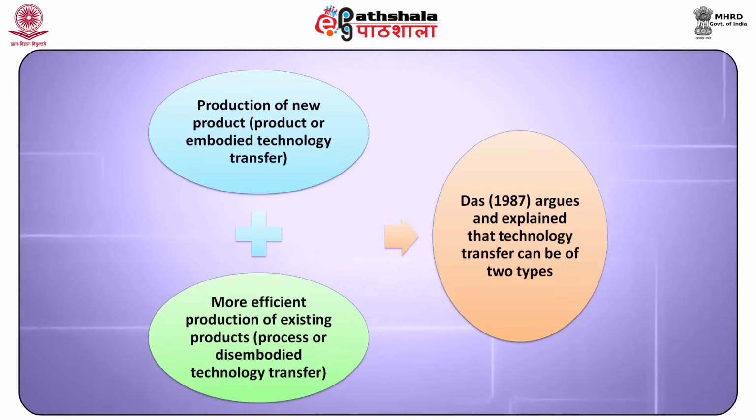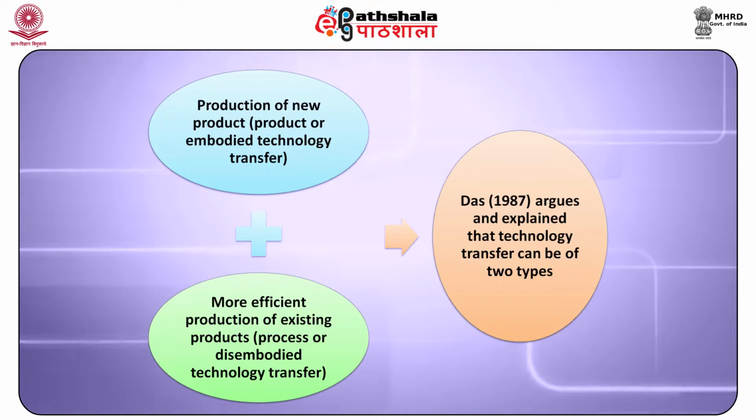So, it is to be understood that the technology transfer concept is not only a matter of concern about the transfer of technological knowledge or information, but also the capability of technology recipients to learn and absorb technology into the production function. Thus, 1987 argues and explains that technology transfer can be of two types.